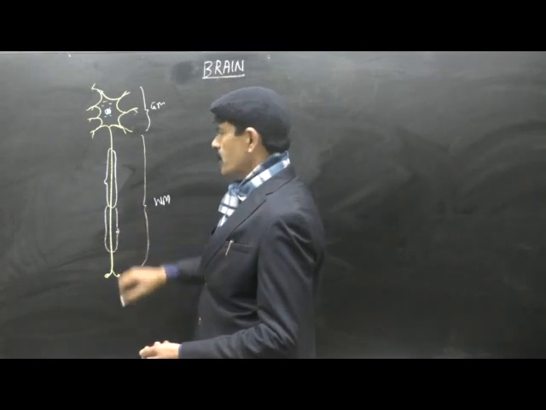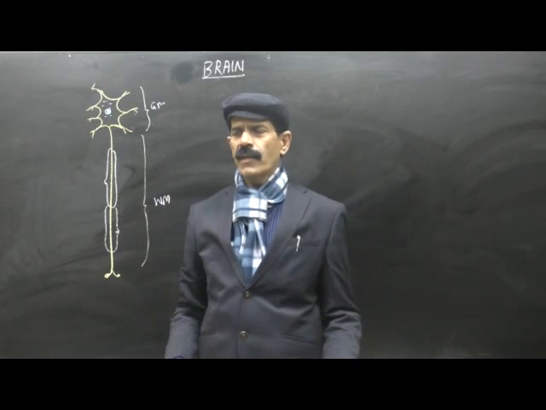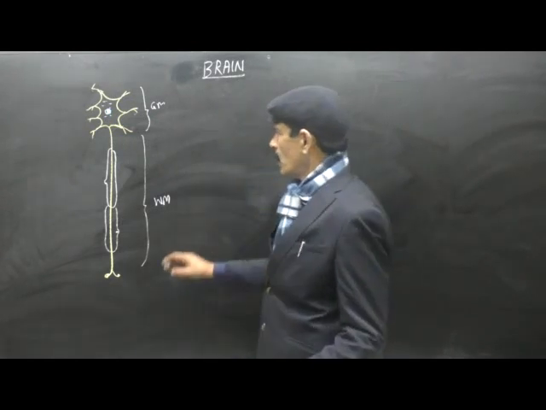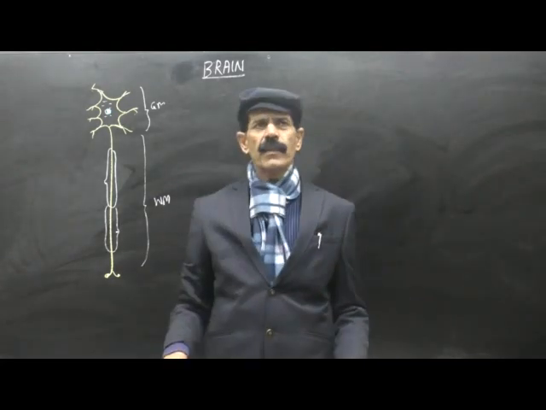So that is the composition of the nervous tissue, that is, the grey matter and white matter. And every part of the brain is made up of grey matter and white matter.